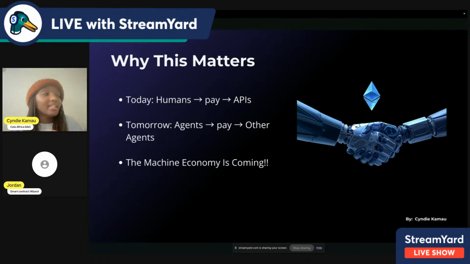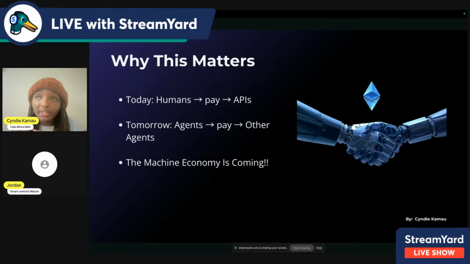Not that we're going to be automatically out of the picture, but in terms of ensuring that for every service this agent needs, we don't need to be there as the bottleneck so that we can pay for this specific service. So that's why this x402 system is super important.